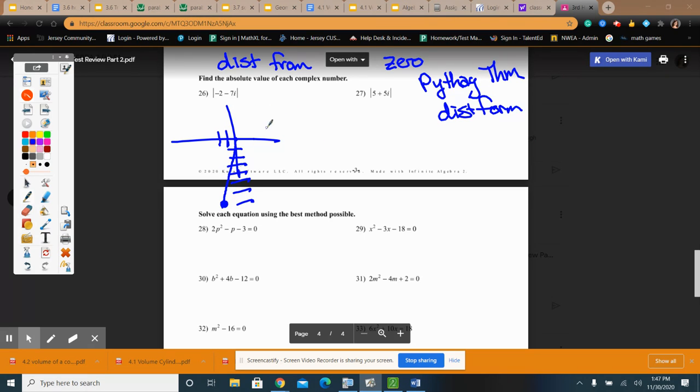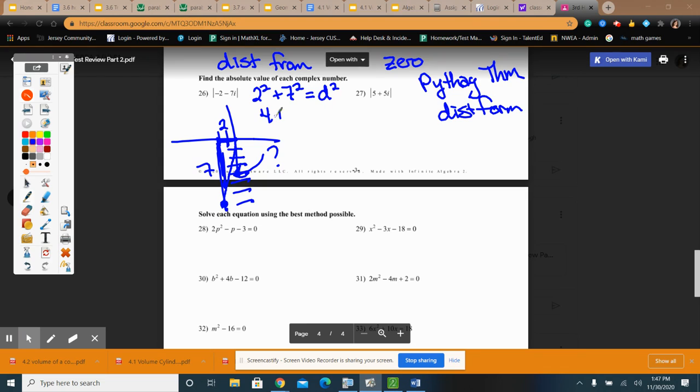So we're going to do Pythagorean theorem. They're asking for the hypotenuse of the triangle if I would draw a right triangle there. You see it? So this length is 2 and this is 7. And they want to know what that distance is. So we're just going to take 2 squared plus 7 squared equals the distance squared.